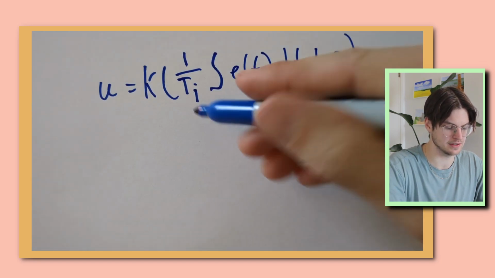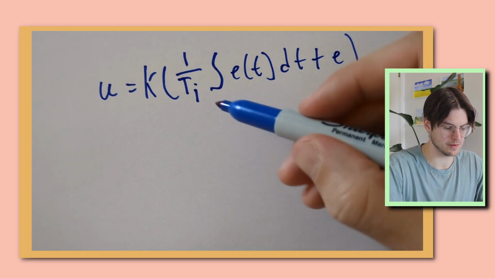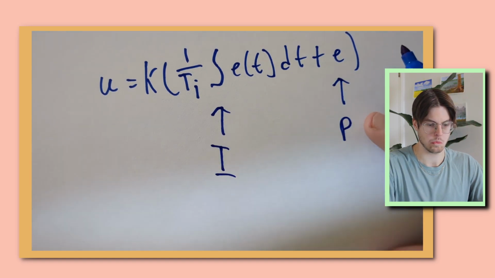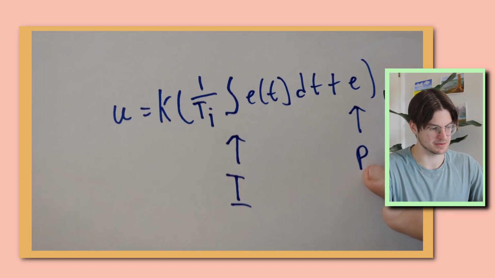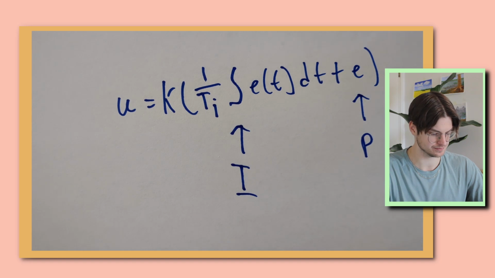We still have the P part here, but now we also have the I part. And let's look at this, because this is integrating the error, right?